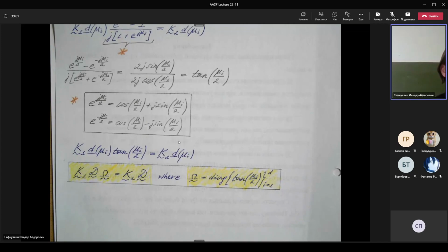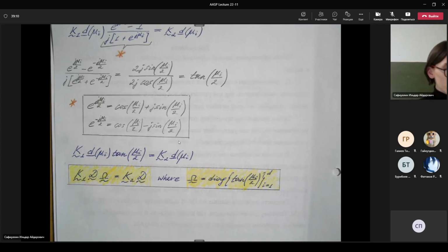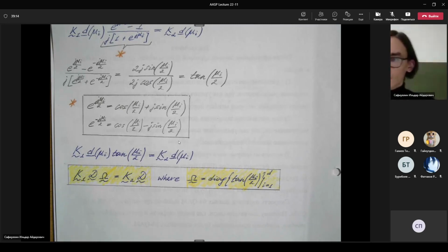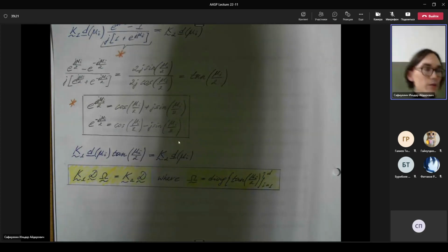And first, let's show what we have for this transformed array steering matrix and for the signal subspace. So let me check what we have for the online thing. Yes, everything is all right.